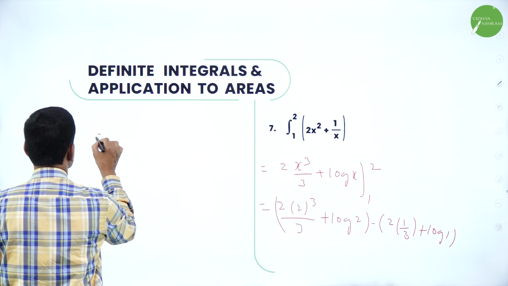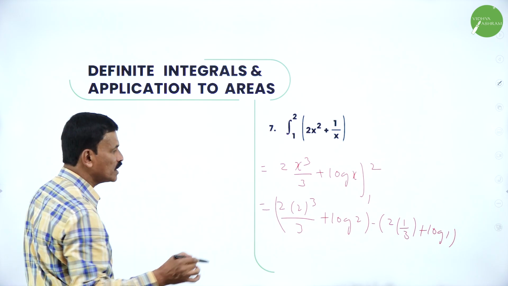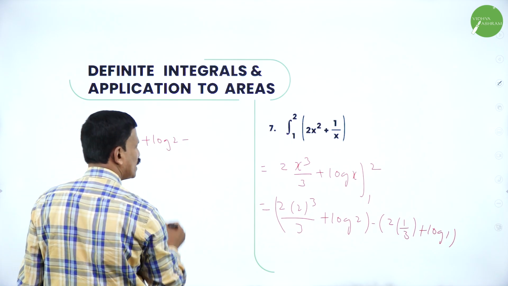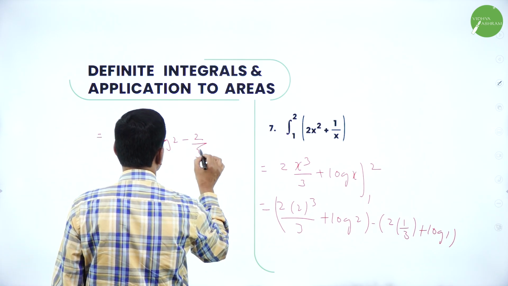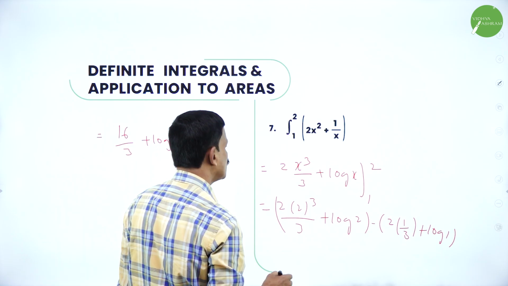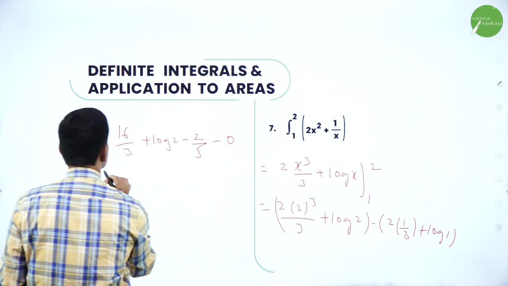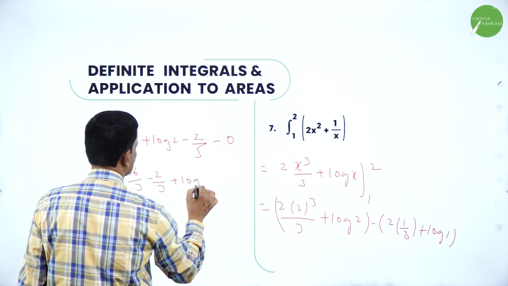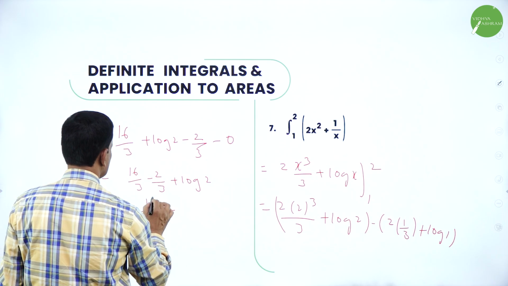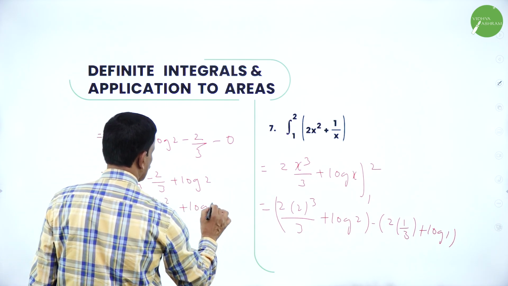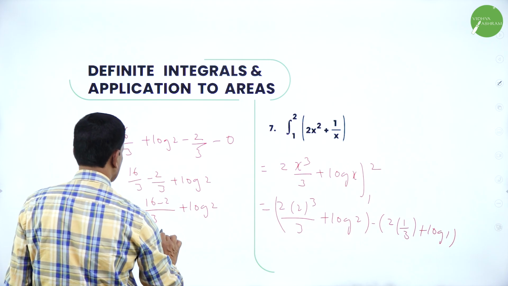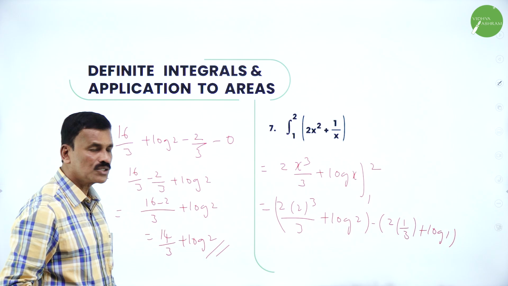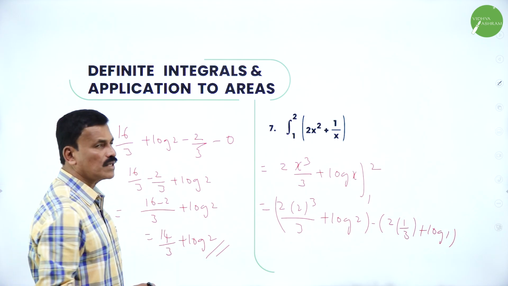Simplify this. 2 into 2 cube is 2 to the 4, that is 16 divided by 3, plus log 2, minus 2 by 3, again minus logarithm of 1, which is 0. So this is equal to 16 by 3 minus 2 by 3 plus log 2. Take LCM, 3 is the LCM, 16 minus 2 is 14, so 14 by 3 plus log 2 is the simplified answer. That's it. So the integrated answer is 14 by 3 plus log 2.